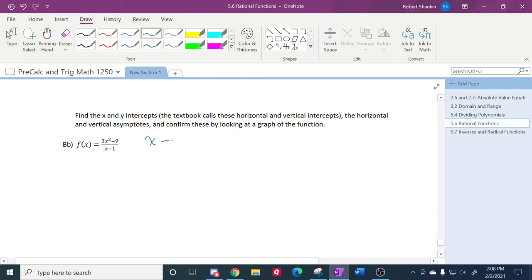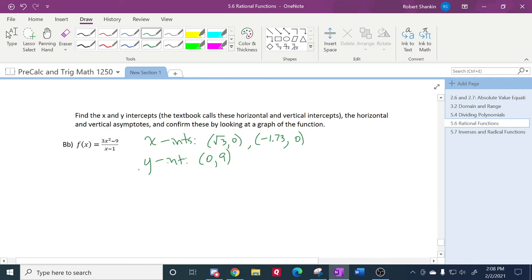The x-intercepts, now, remember that was like negative 1.73. I might prefer it in that form when I graph it. Okay, and then the y-intercept was 0, 9. So that's the x and y intercepts.